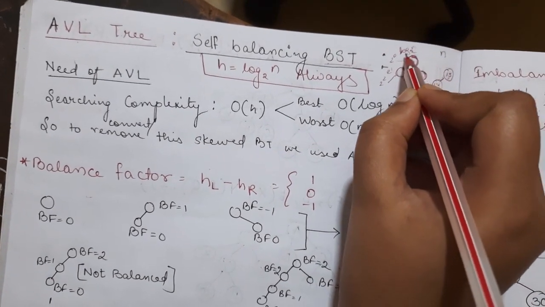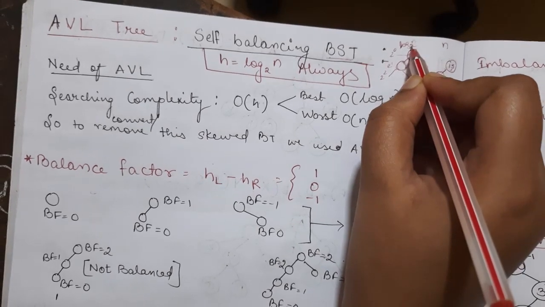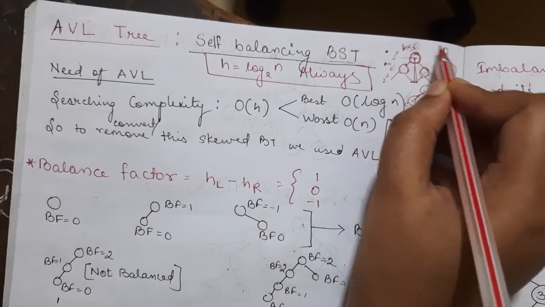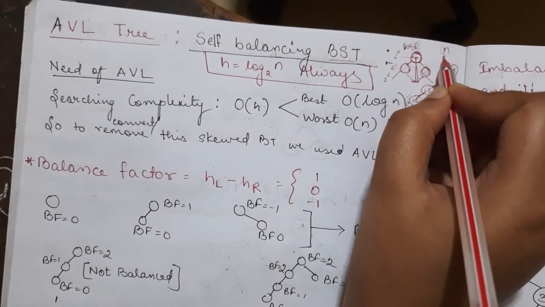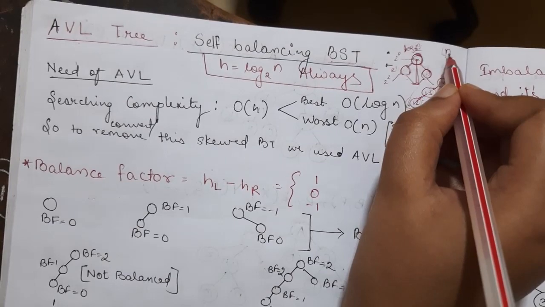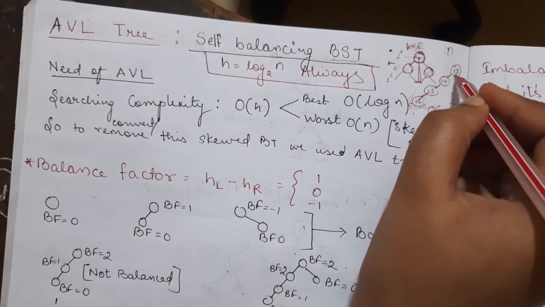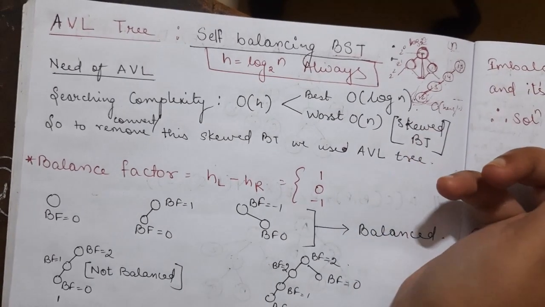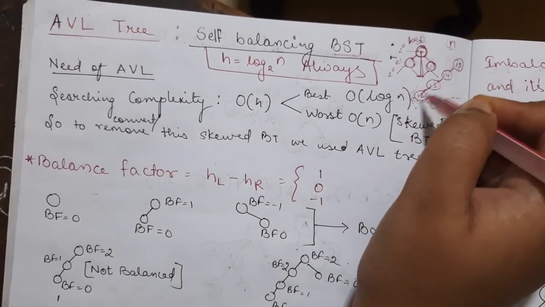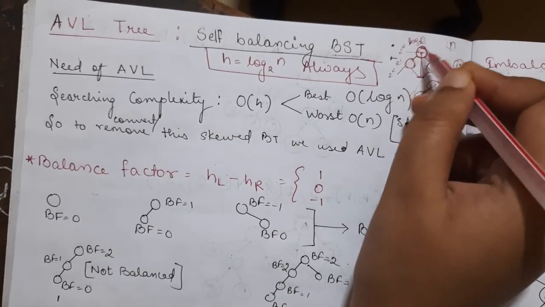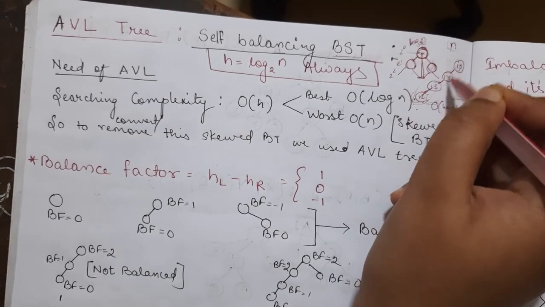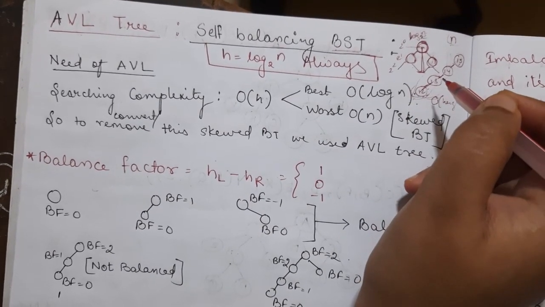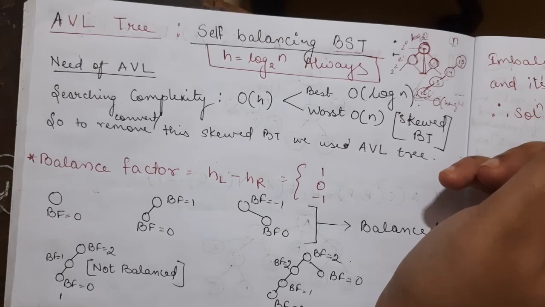Now tell me, is log n base 2 greater or is n greater for a particular value of n? So n is greater. So when a binary tree or binary search tree is skewed like this, instead of getting balanced like this, then we are getting more time complexity, or we are getting delayed in searching.